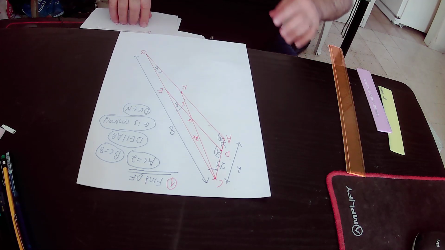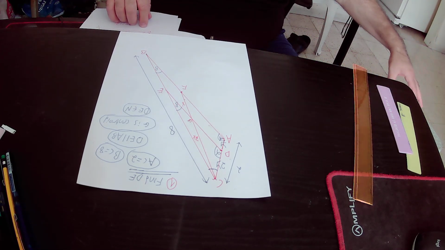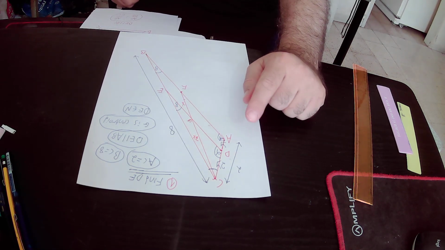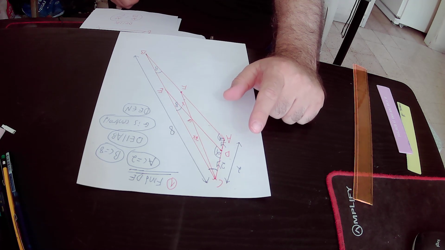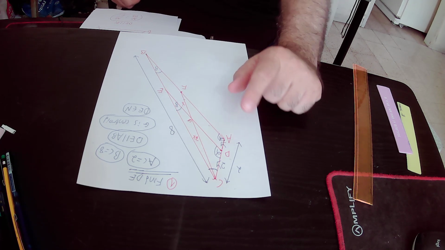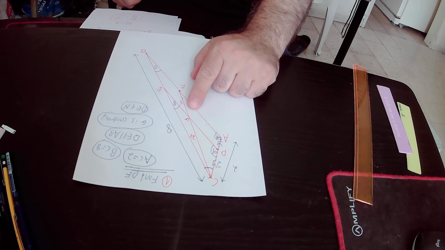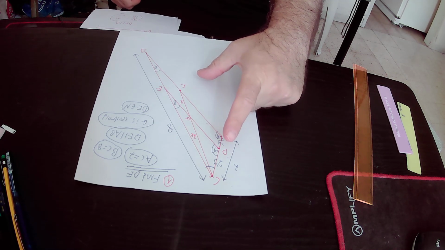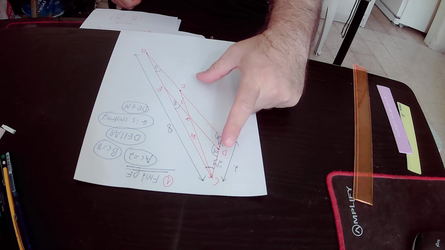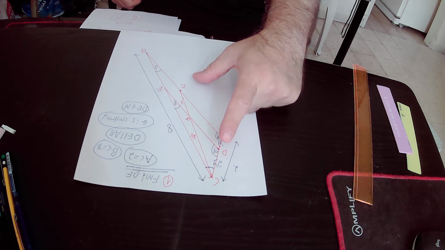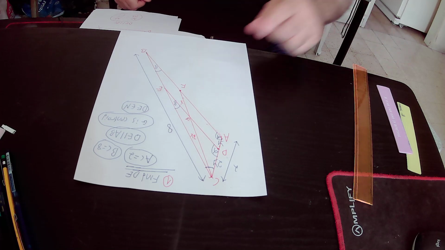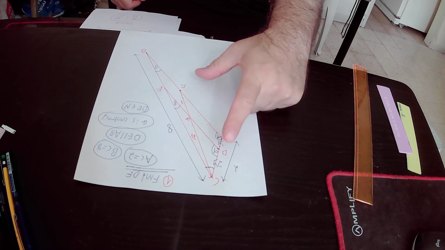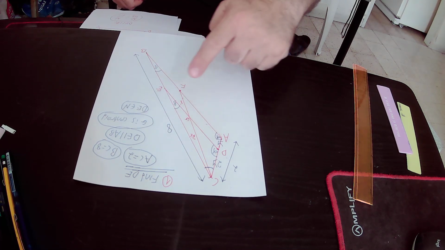So we can implement this rule in our triangle, because we have the centroid G of triangle ABC, and we have the median CF. According to the rule that I stated, the centroid G divides the median CF in a relationship of 2 to 1.